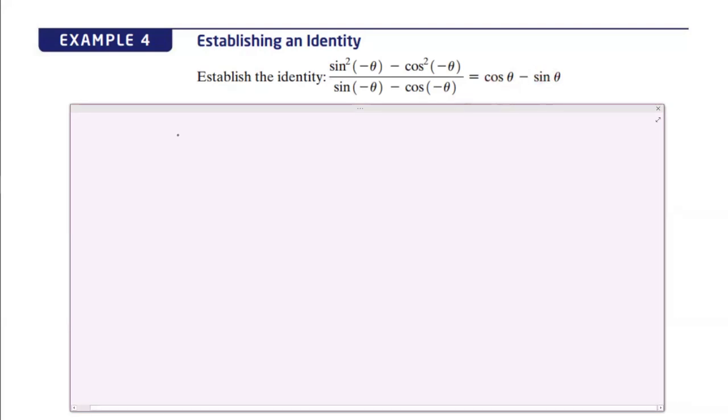Okay, so I'm going to start by doing what we did last time and just bring that negative out front and write it as squared, and then it's a minus this time. So the odd property brings the negative out front. The even property means the negative can go away because it's the same.